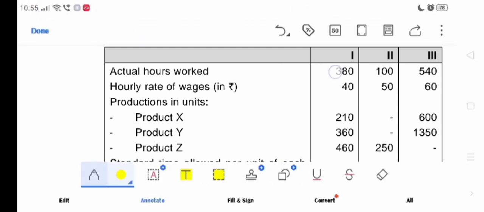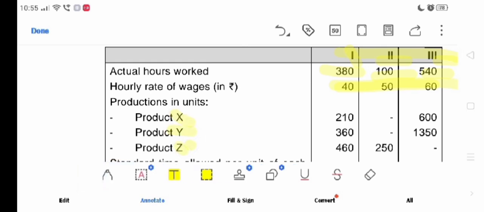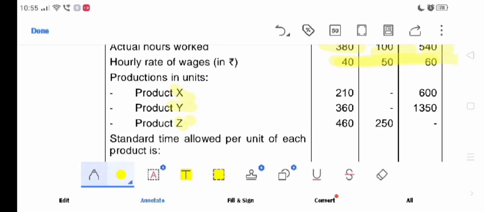See, hours worked by each one of the persons, person 1, 2 and 3, and what are the basic wage rates, and these are the products X, Y and Z. There are three products, but here, person 1 produces all the three products.